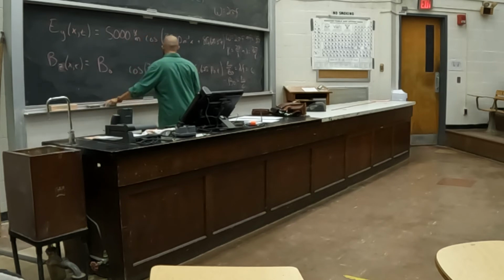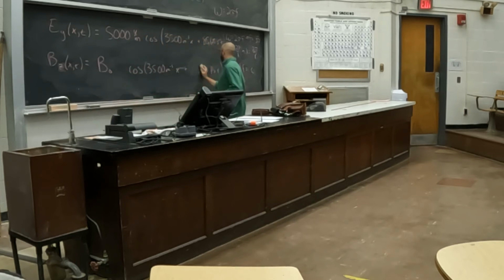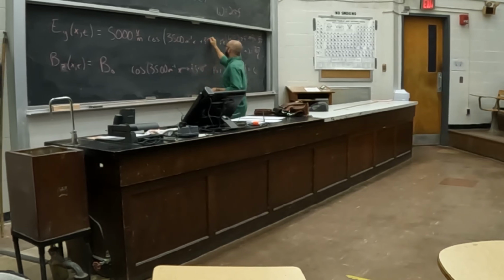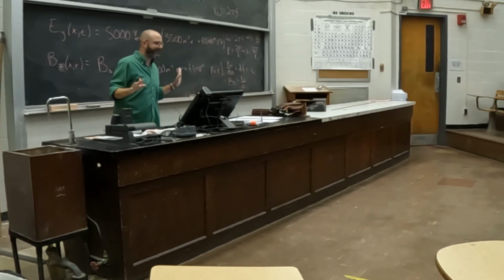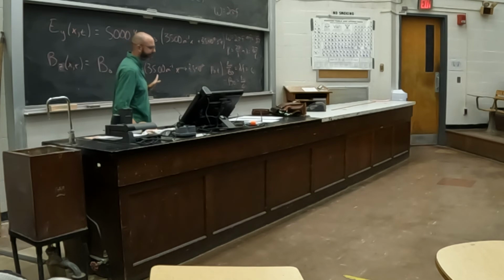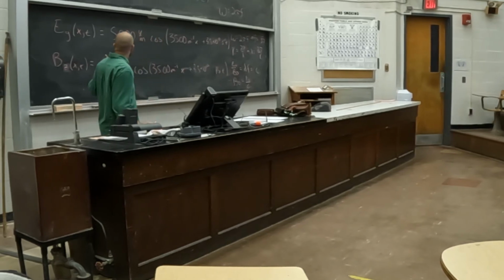This is 3.5 times 10 to the 12th. Significant difference, right? The process was right, I just got the number wrong. So you see my thing today. 3.5 times 10 to the 12th. Okay.